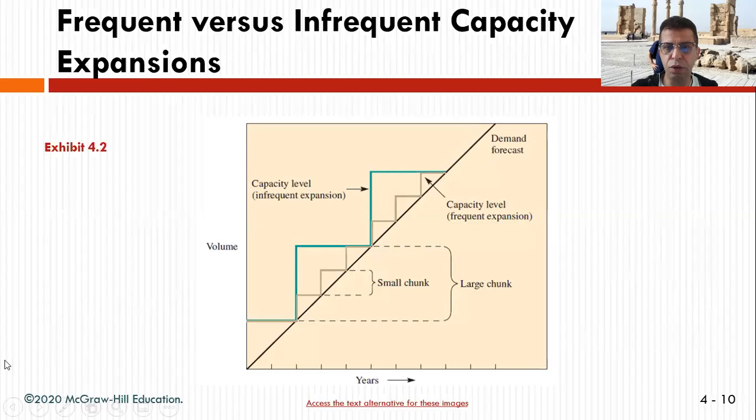So here, we're looking at the volume over the years, and you cannot go as smoothly as the demand is forecasted.